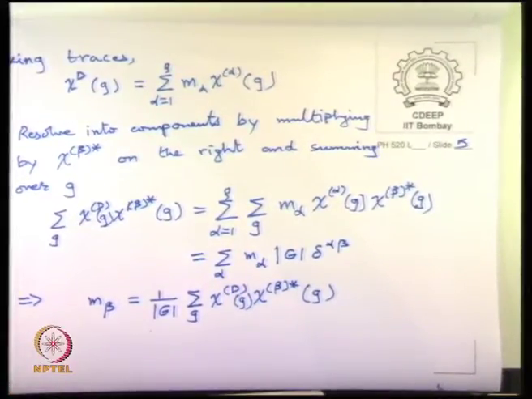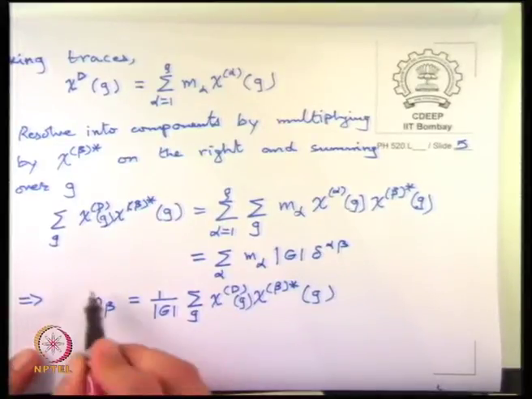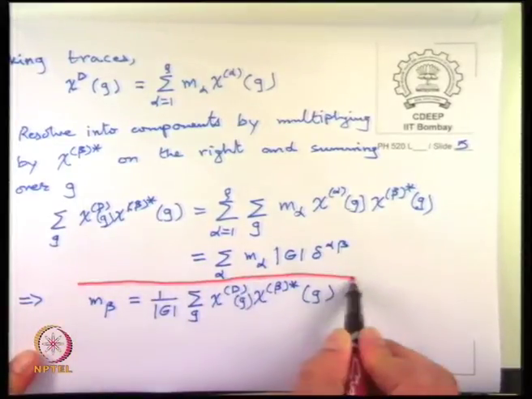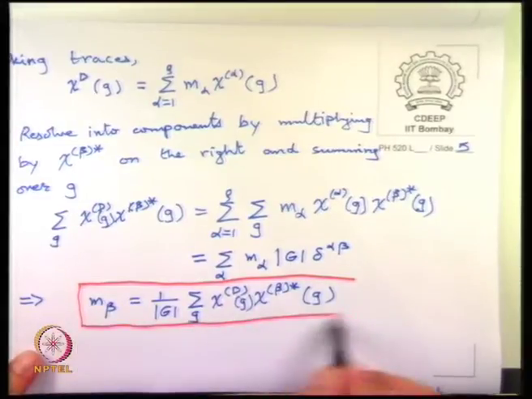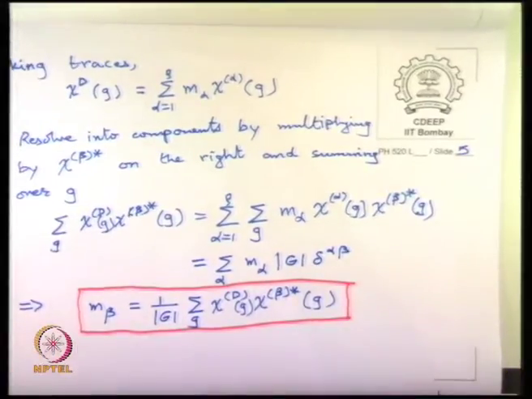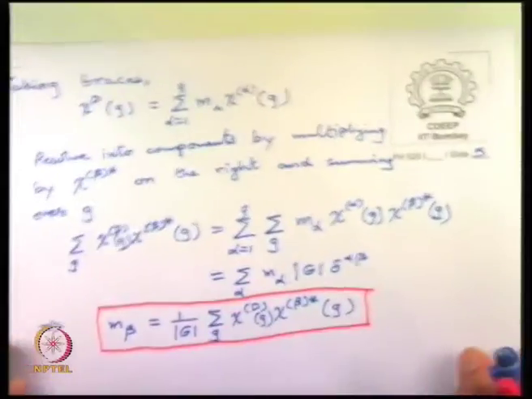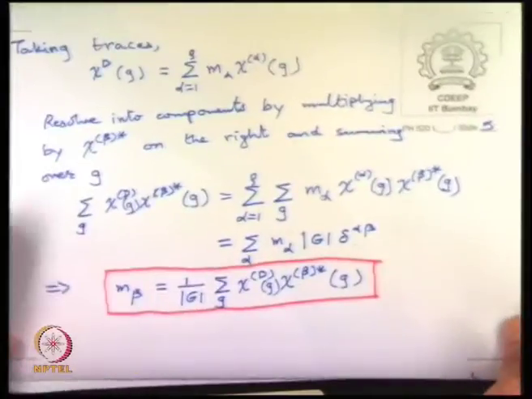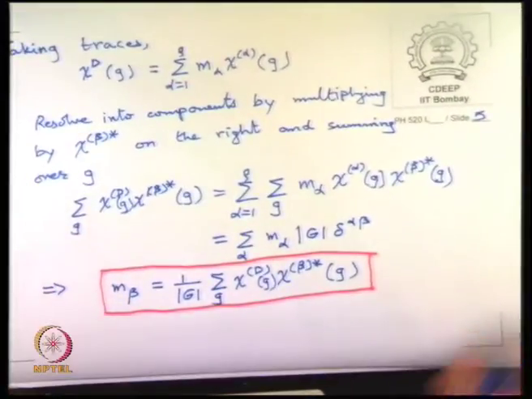One can identify the weightage of any rep in the general reducible representation by simply projecting out onto the chi beta basis. So now we have proved that I can extract the m alpha for anything. There is another relationship we can derive, an important theorem actually, using this.